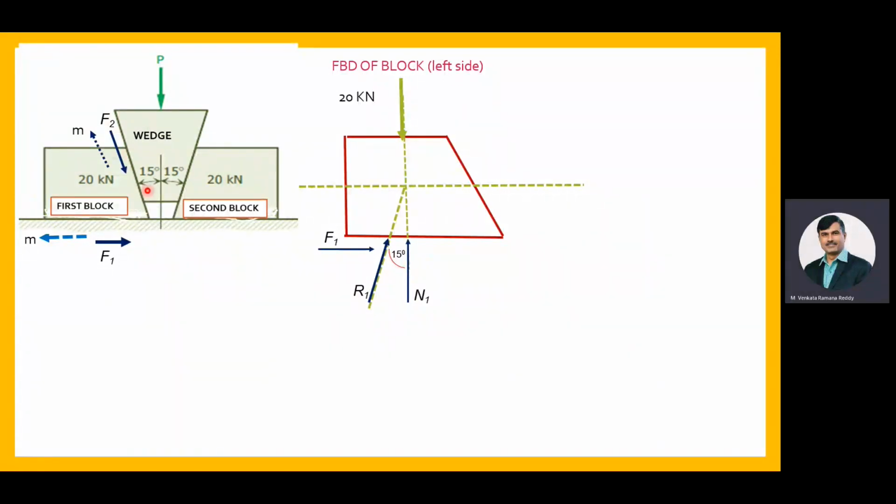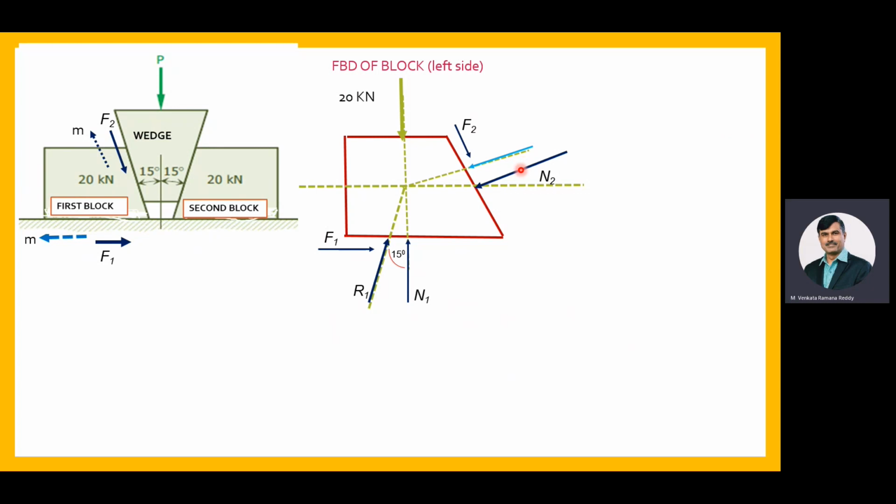N2 is the normal reaction exerted by the wedge on the block, and F2 is the frictional force between the wedge as well as the block, and this frictional force is acting downward along the surface of the block. Now we will draw the resultant force for the normal reaction N2 as well as frictional force F2. We are naming this resultant force as R2.